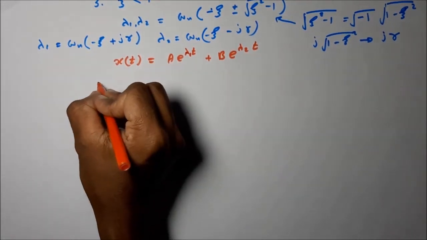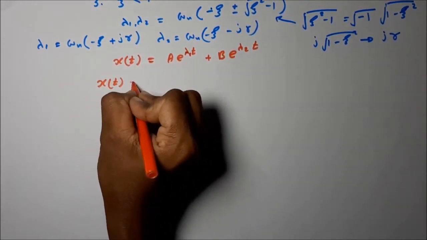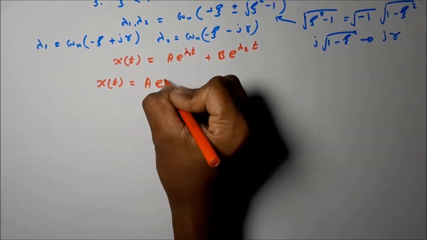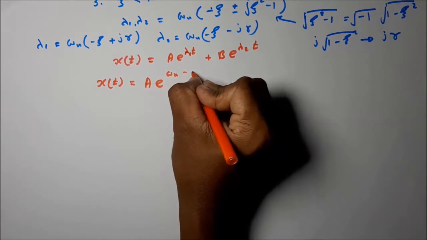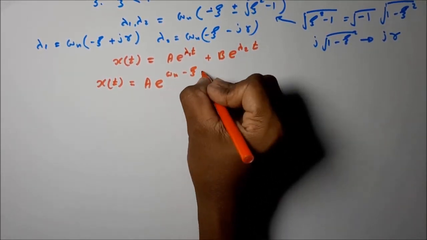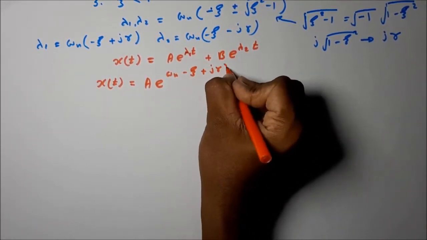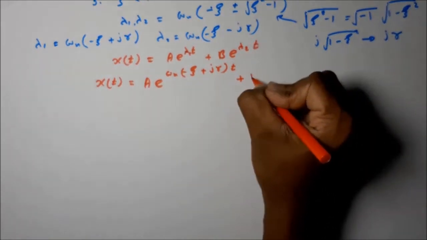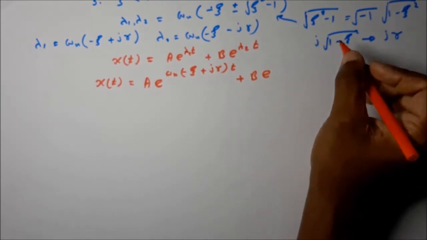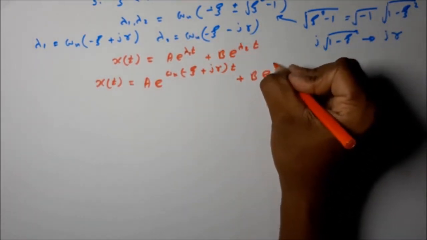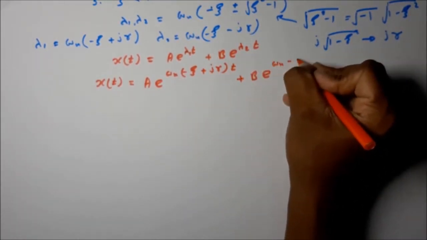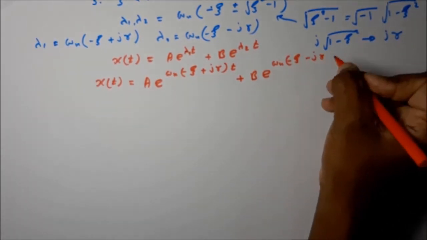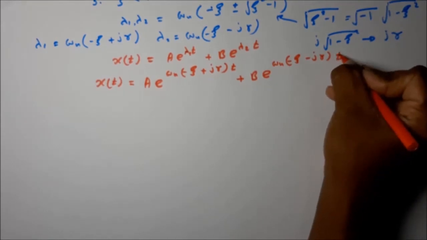So then I will write this entire solution: x(t) is equal to A e^(lambda 1 t), what is lambda 1? Omega n minus theta plus j gamma, into t, plus B e^(lambda 2 t), omega n minus theta minus j gamma, into t.